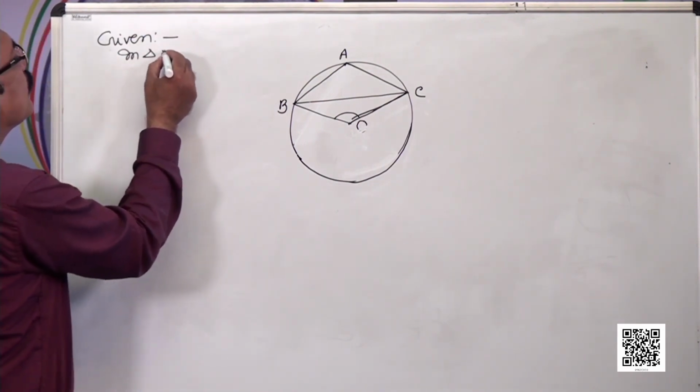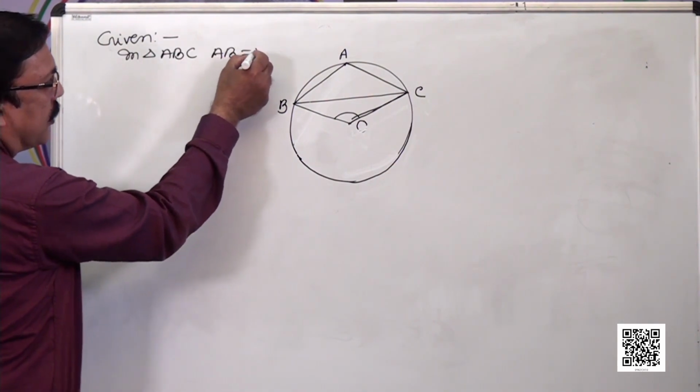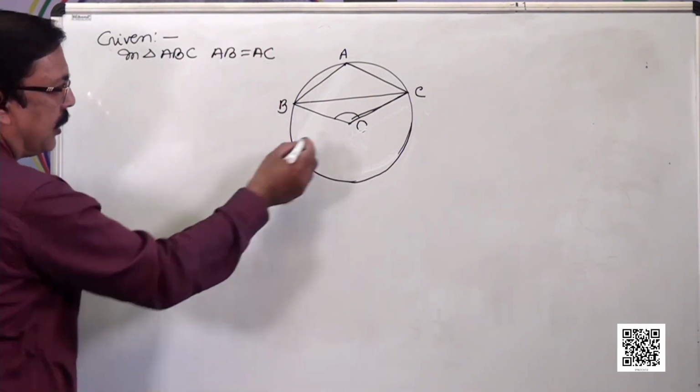So what is given in this case? In triangle ABC, AB is equal to AC.